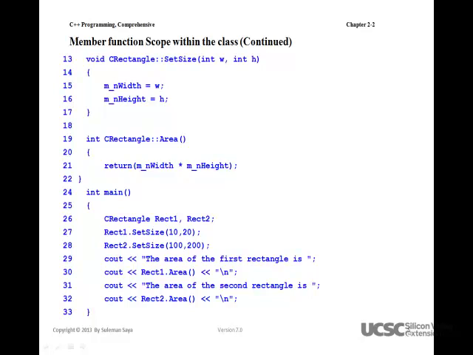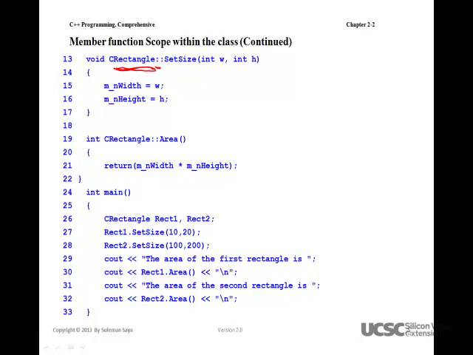So at line number 13, the body of the set size starts, and notice that we have to tell the compiler that set size is in the scope of cRectangle, and that's why we are using a scope resolution operator right here, and the name of the class, cRectangle.